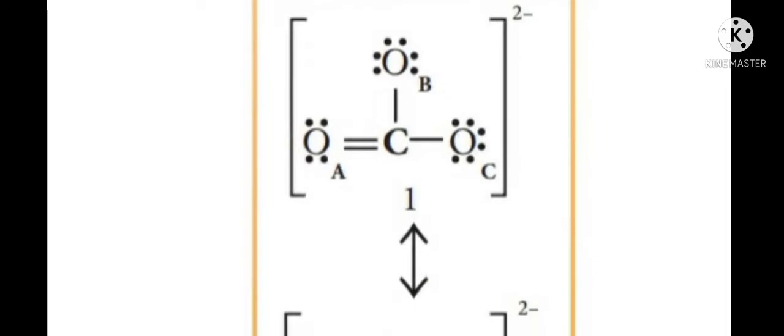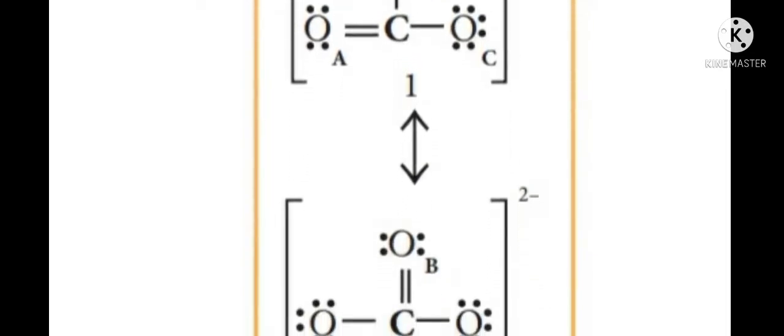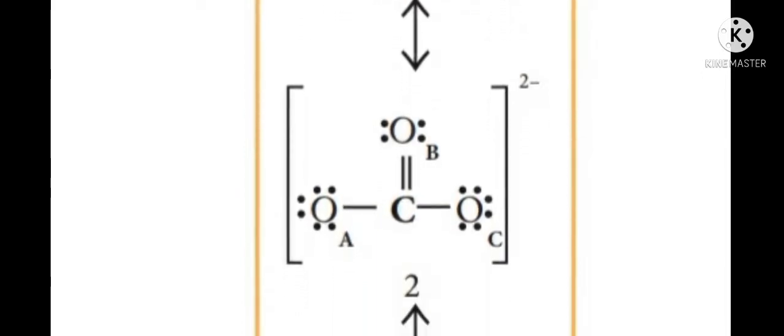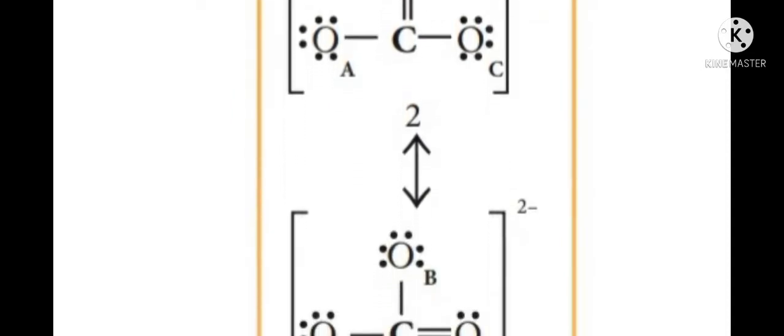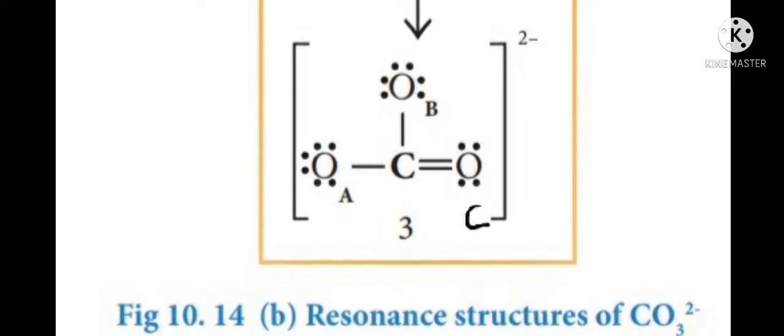In these structures, the relative positions of the atoms are the same, but they differ in the position of bonding and lone pairs of electrons. Such structures are called resonance structures or canonical structures, and this phenomenon is called resonance.